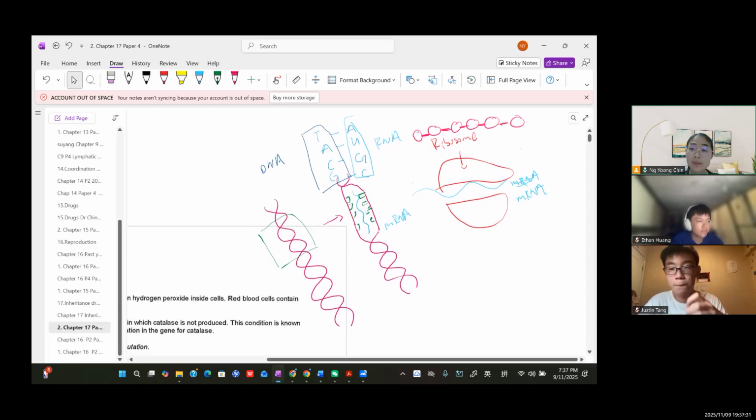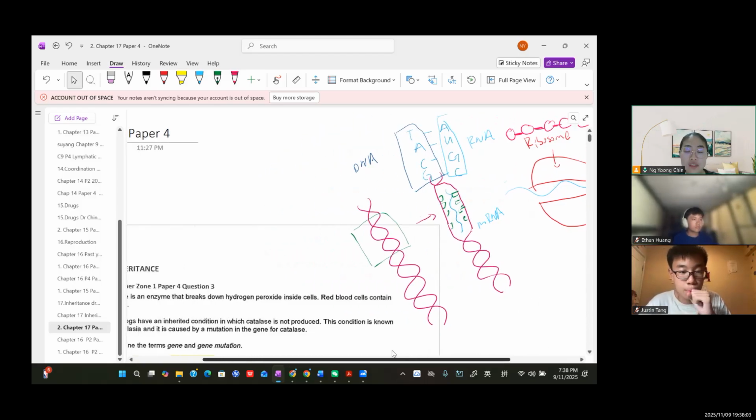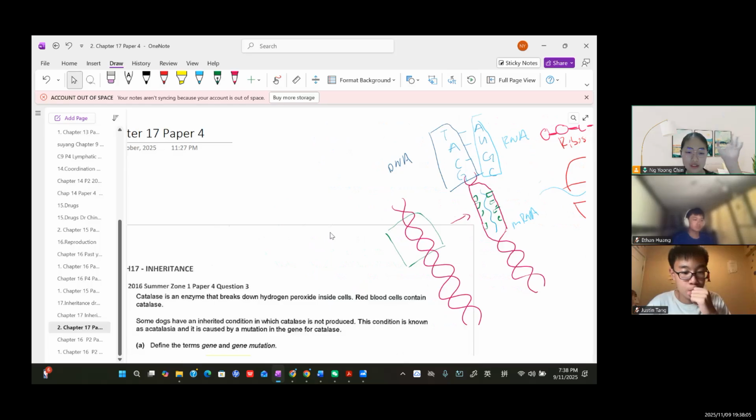I hope you still remember the peptide bond. So that's why ribosomes help to produce the proteins by forming this polypeptide chain. Later, this polypeptide chain can coil and fold, and then they become the actual protein structures with different shapes.